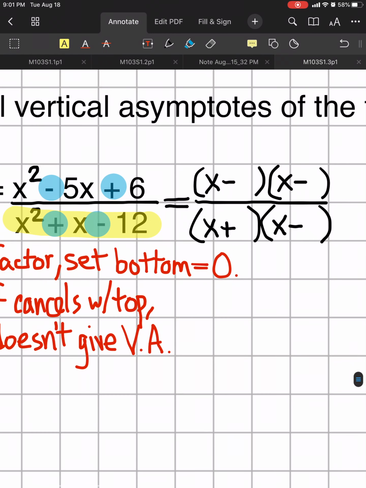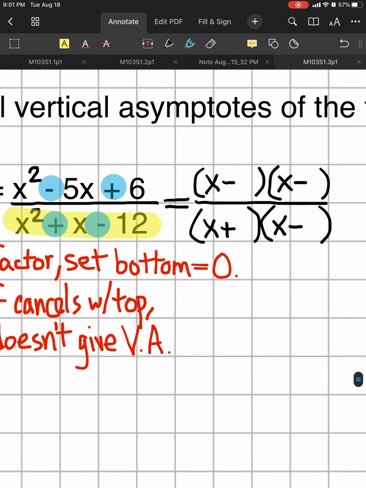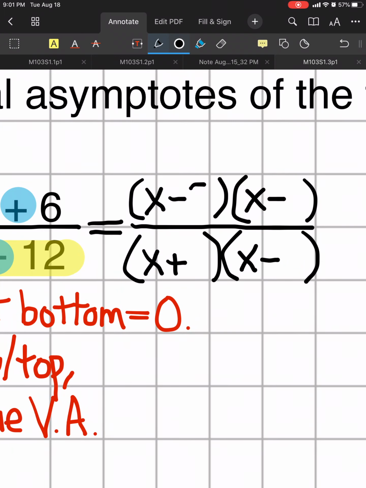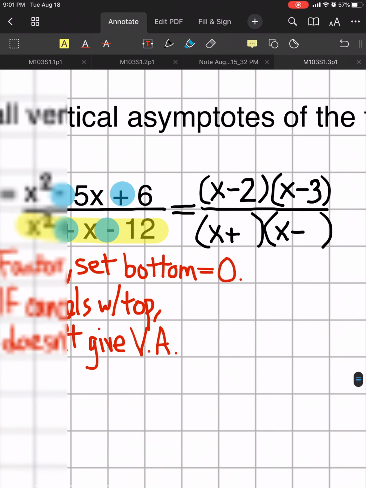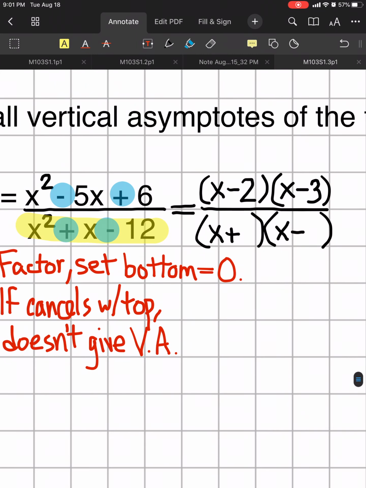Now, on top we need things that multiply to give us 6 and add to give us -5. Things that multiply to give us 6, 2 and 3 is an example, and if we add those we get 5, so 2 and 3 is what we need here. On the bottom, we want things that multiply to give us -12, but add together to give +1.